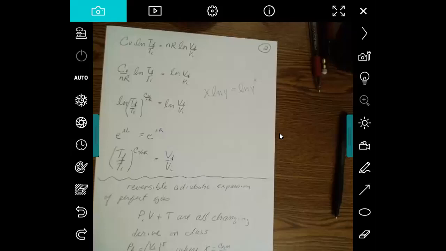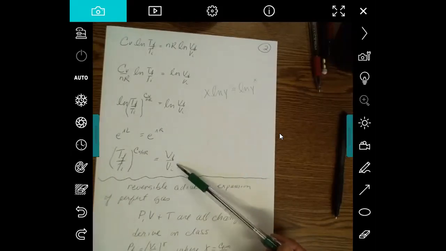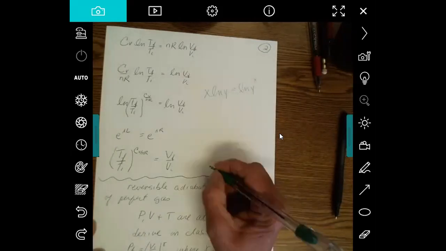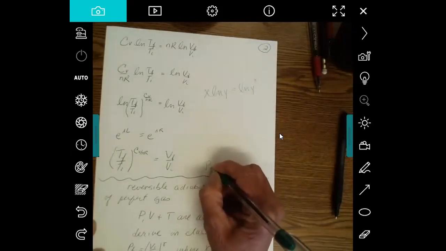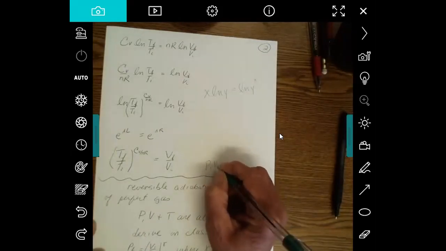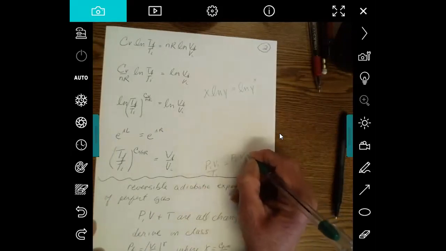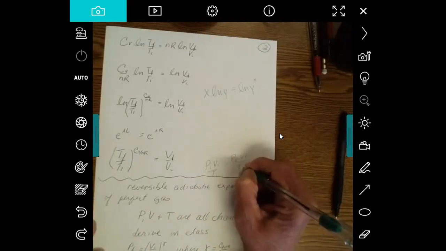So when you think about how the pressure ratio changes, this equation is valid and easy to use if you know the volume change. But if temperature and volume are changing, then it's true that pressure initial times volume initial over temperature initial equals pressure final times volume final over temperature final.